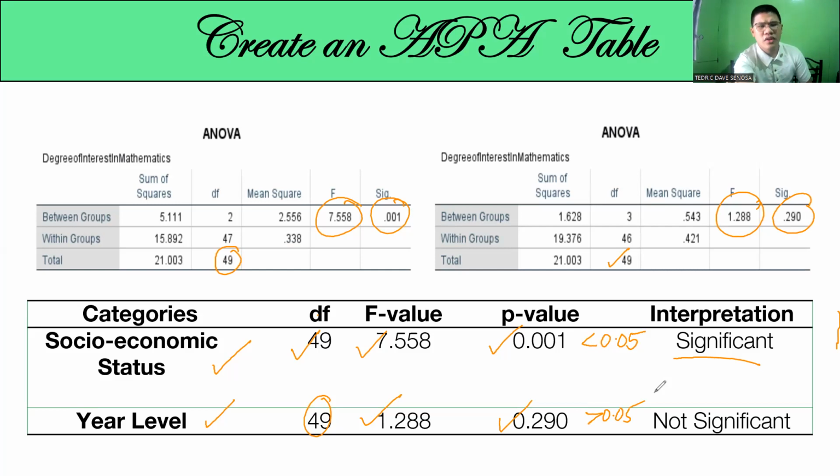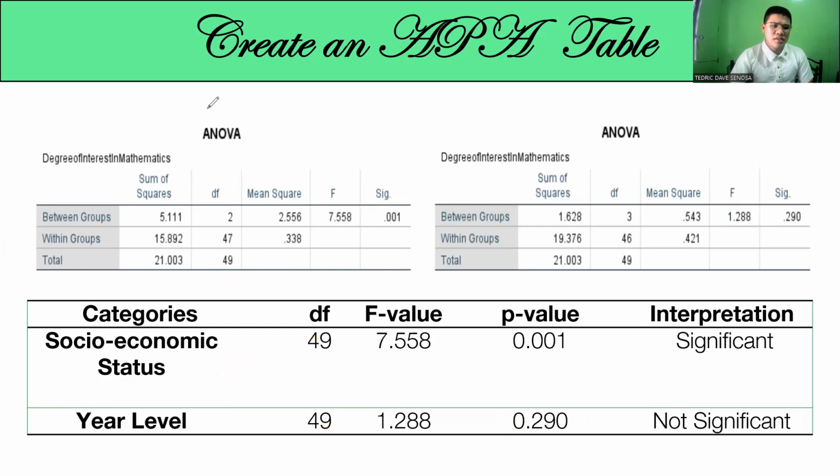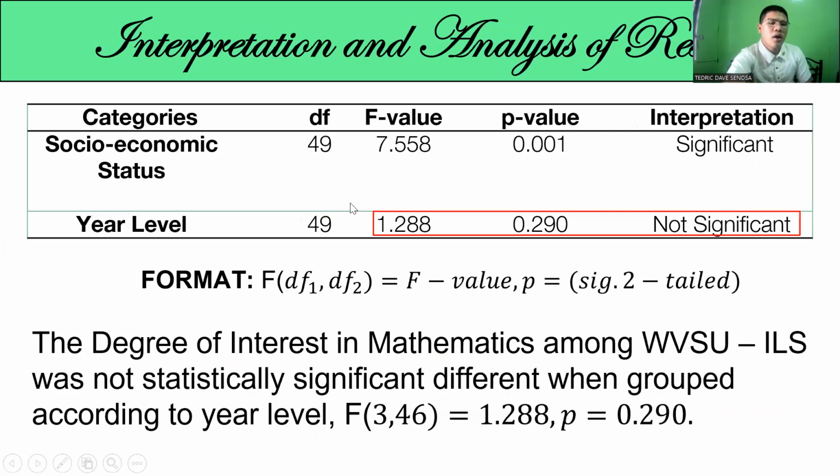So how do we interpret results? This is how you do it. Earlier, we saw this. The table didn't show DF1 here, but I will add it. DF1 is 3, DF2 is 46, given the table earlier for year level.